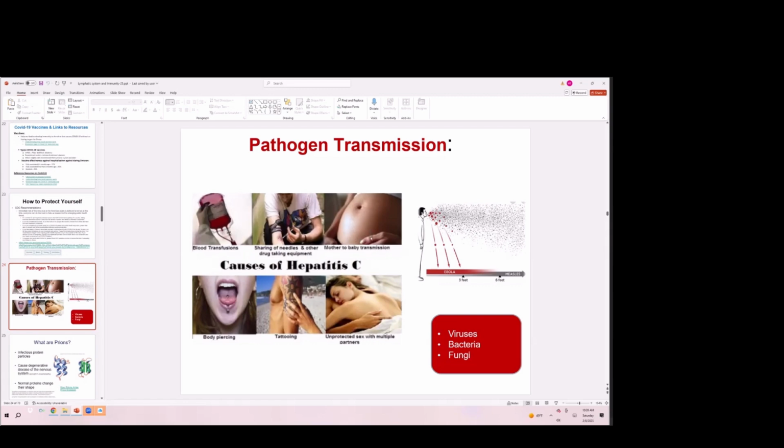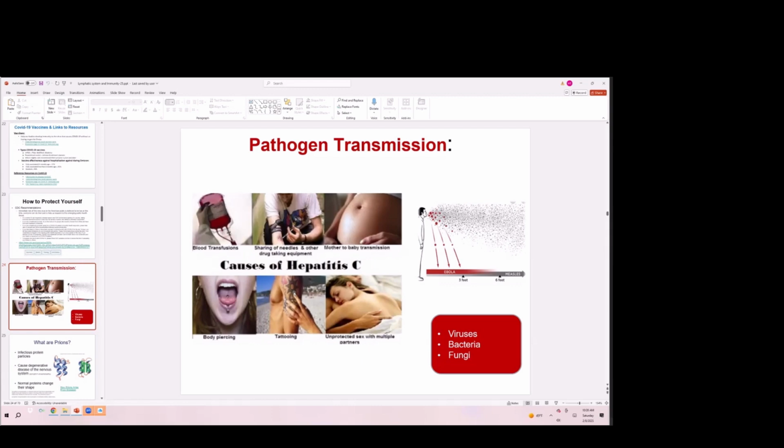Sometimes pregnant mothers, through the placenta, could transmit infections to their developing babies. If you have body piercings, for example, again, it increases the chances of exposure to pathogens.